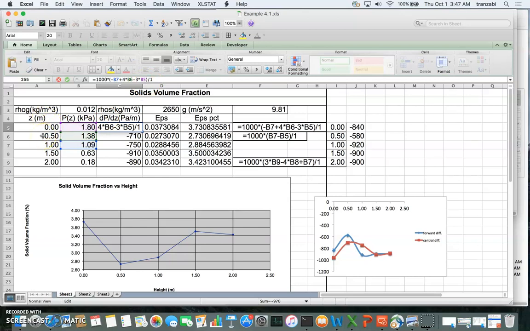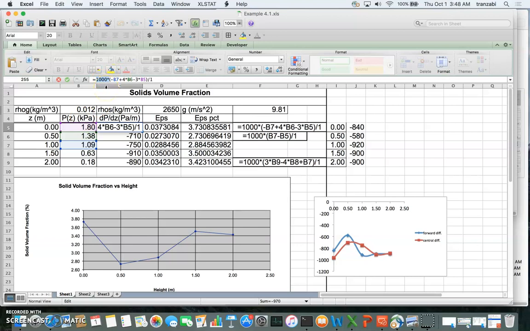Del z is going to be 0.5, and 2 times that is going to be 1. This coefficient is for unit conversion. Because we have kilopascal here, and in dp dz we have Pascal, we have to multiply everything by 1,000.